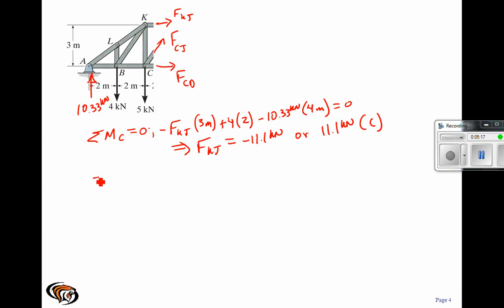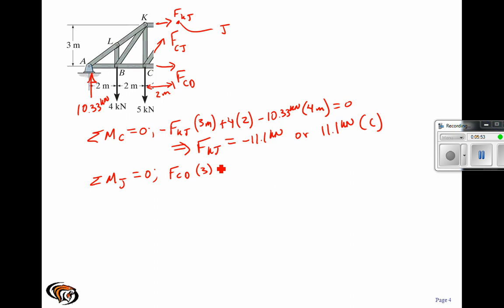kilonewtons, or 11.1 kilonewtons in compression, which we will indicate with a C in parentheses. Now we sum moments about point J, which is not on our free body diagram, but it's up here, 2 meters from point C. The first thing is the moment of force CD, and that's going to be a positive moment of FCD times 3.